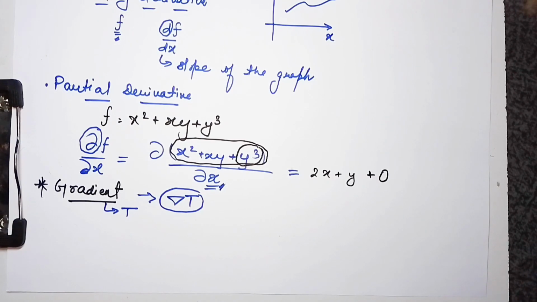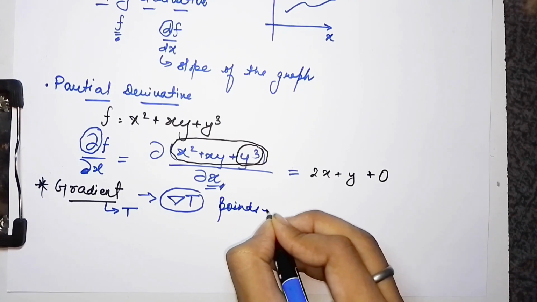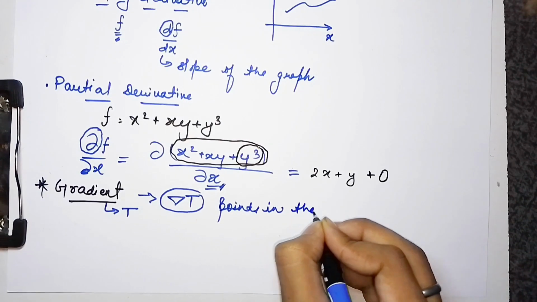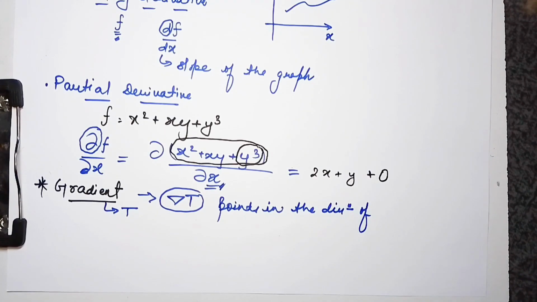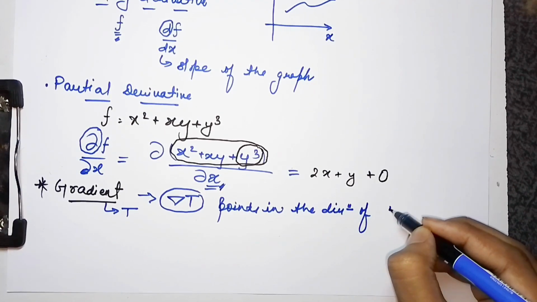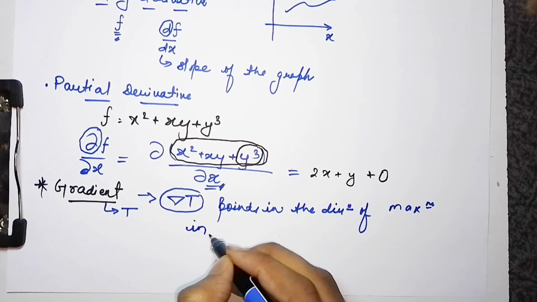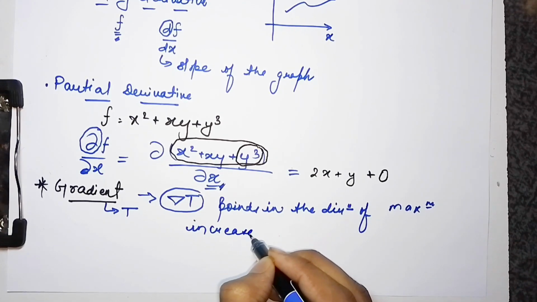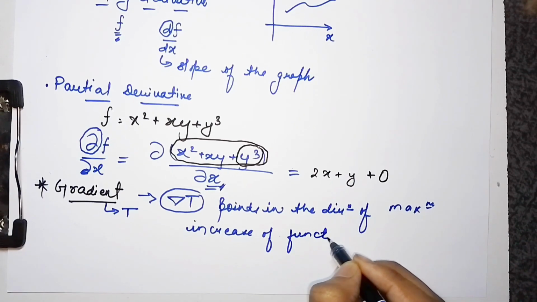So the gradient of t points in the direction of maximum increase of function t.